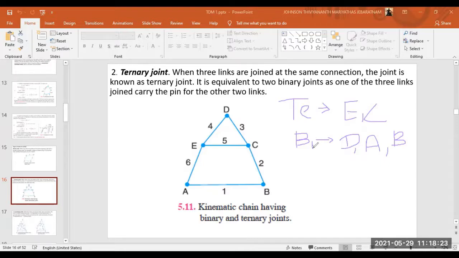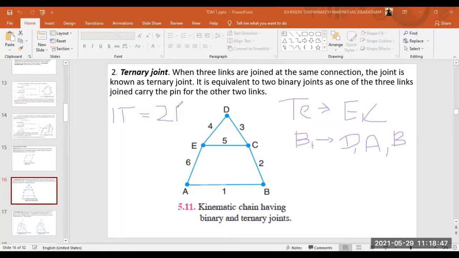Okay, and one more statement is mentioned. This ternary joint is equivalent to two binary joints, right? So one ternary joint is equal to two binary joints. How is that?